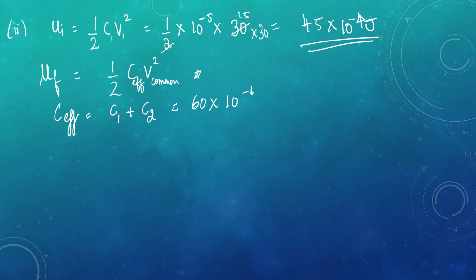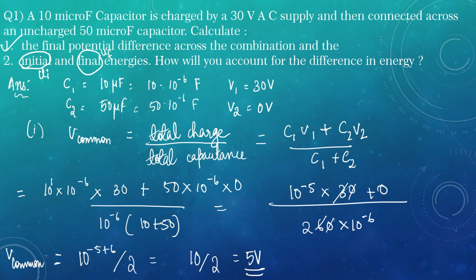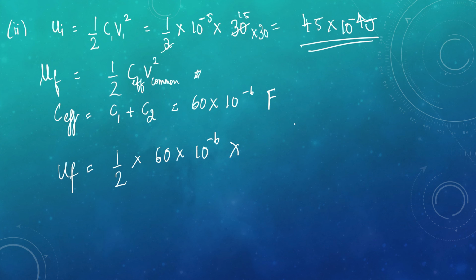60 into 10 raised to minus 6 farad. This is the total effective capacitance. We will substitute this here. So from there, UF is equal to half into 60 into 10 raised to minus 6 into V common square. That is 5 into 5.